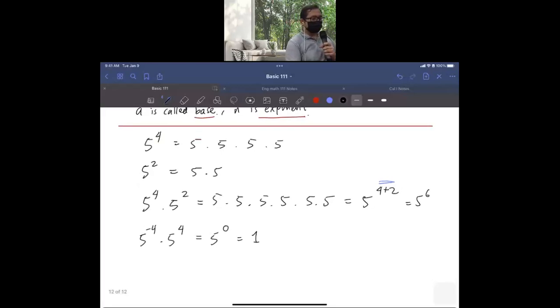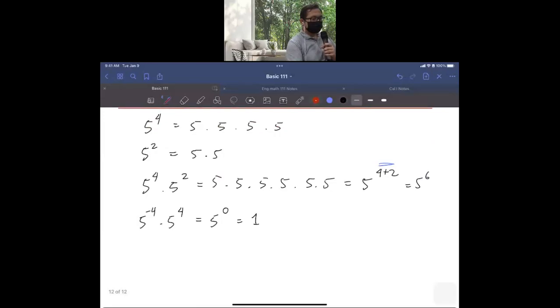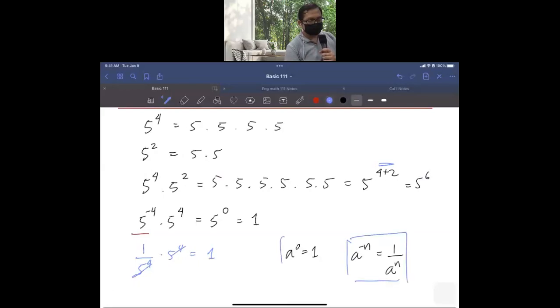Or we could look at it as a reciprocal, so 1 over 5 power 4, multiplied by 5 power 4, is just cancellation, which is just 1. Just a quick review, okay? So whenever you have a with power of 0, it's just 1. When you have a with power of negative n, this will be 1 over a with power of n, the reciprocal.